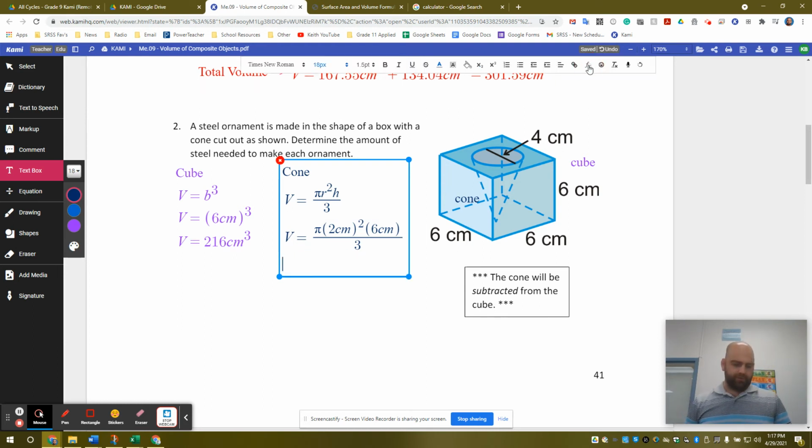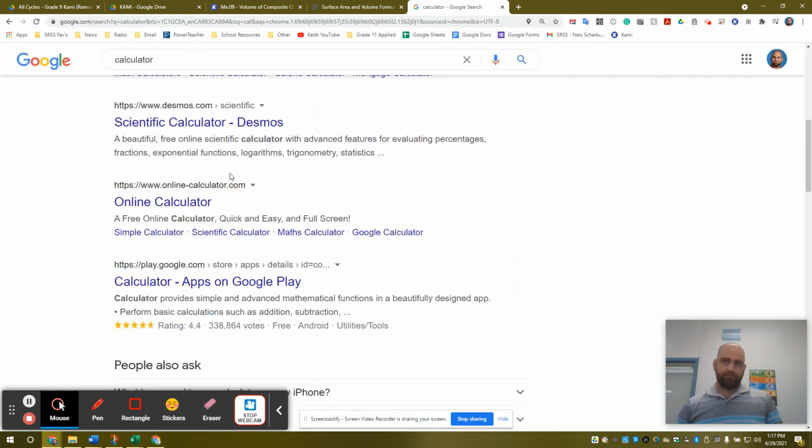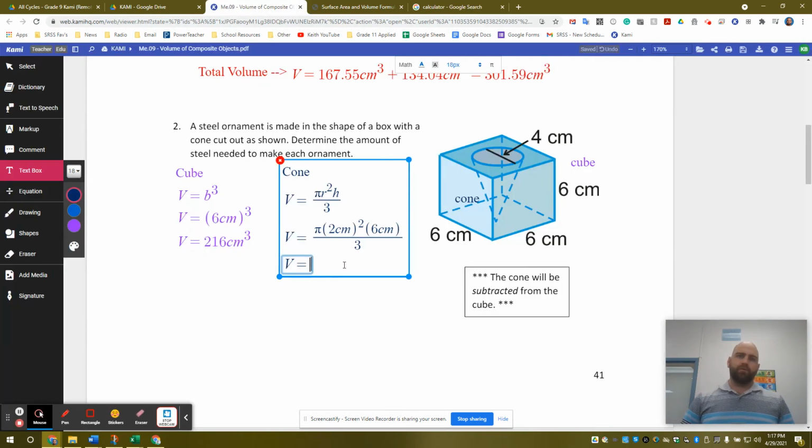And we get a volume of, so pi times 2 squared times 6 divided by 3, and we get 25.13. So our volume is 25.13 centimeters cubed.